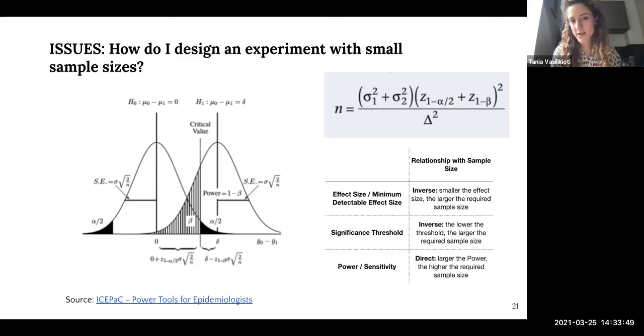Okay, wait, let me tell you a couple more things. In the lower area, we have this black area here, which is the false positive rate. Effectively what we're saying is that if the null hypothesis is true, so if actually there's no difference between test and control, and we see a value in our data that is above this dotted line here, it represents this percent, alpha divided by 2.